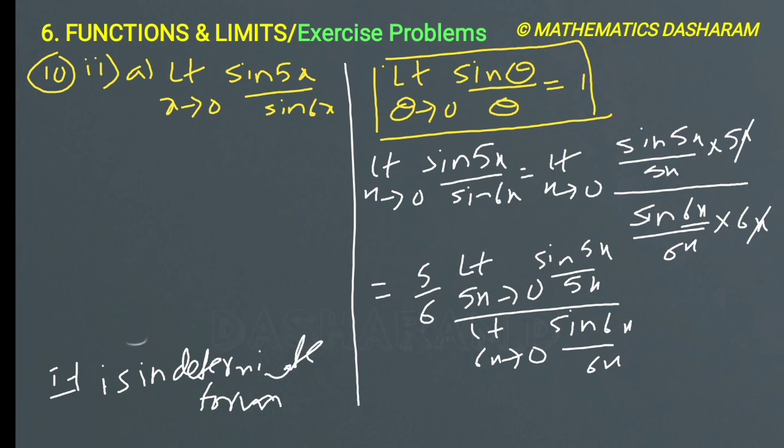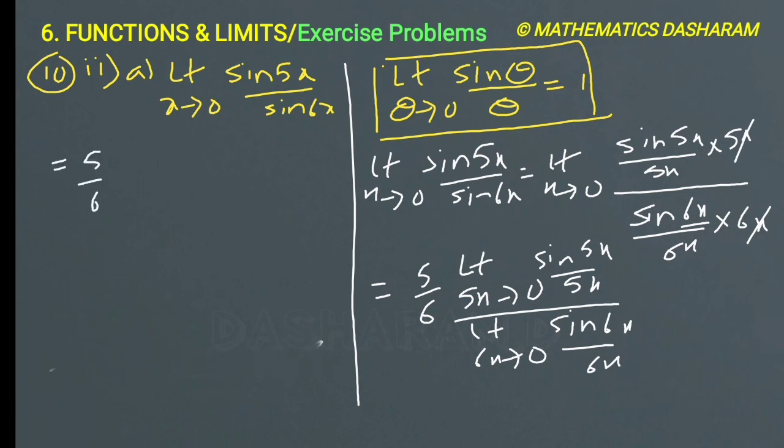Now apply the formula: 5 by 6 into 1 for the numerator and 1 for the denominator. 5 by 6 into 1 is 5 by 6.